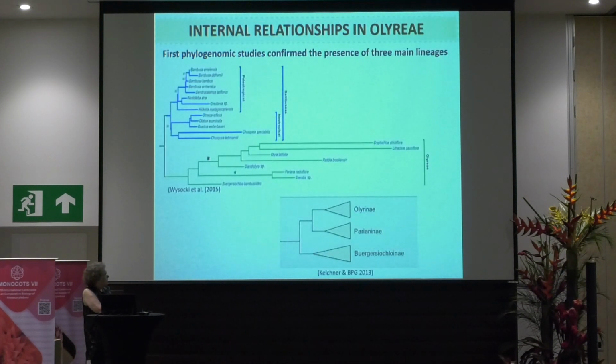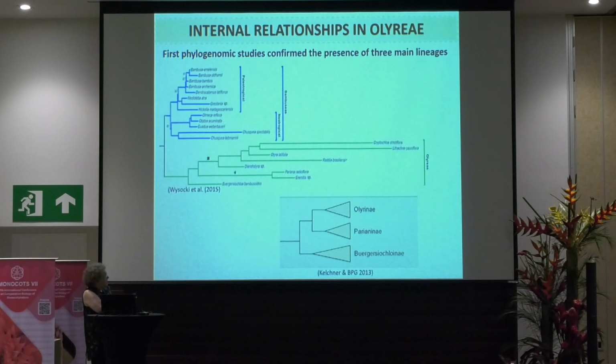So finally, when people started doing plastome analyses, that confirmed all these relationships. So you can see there's the outline right there. And that's what has continued to be the case.